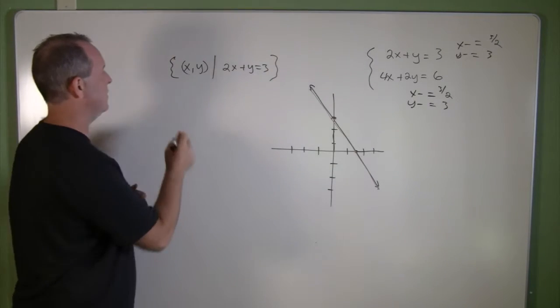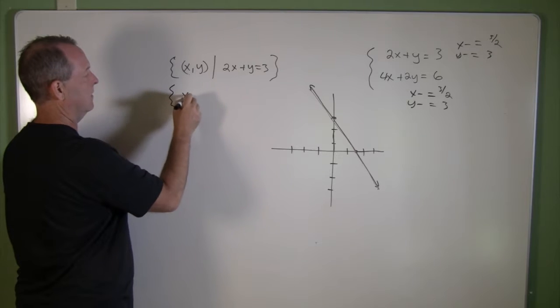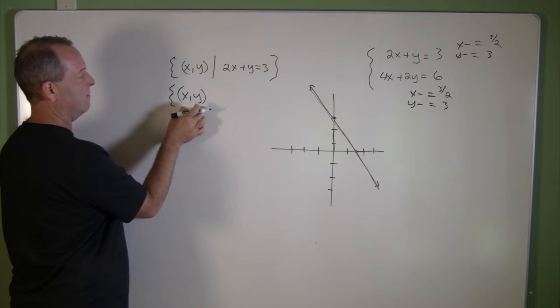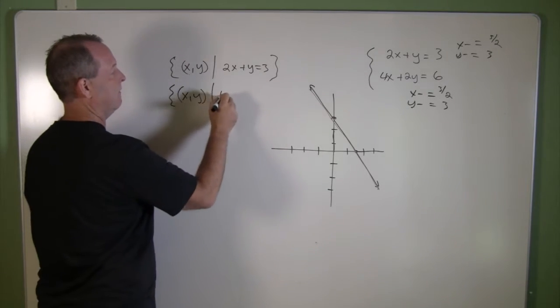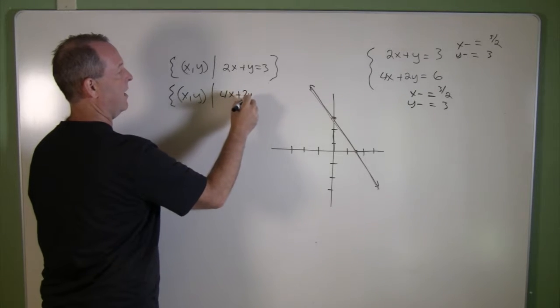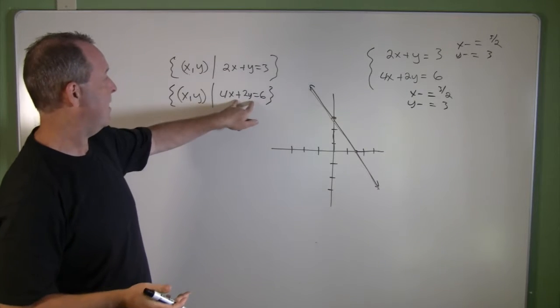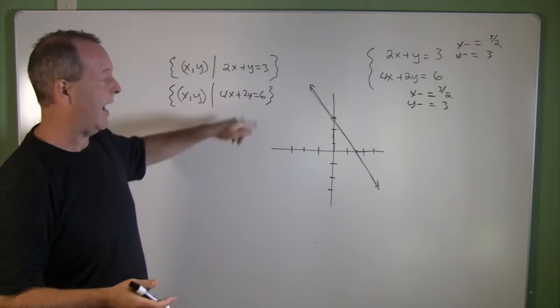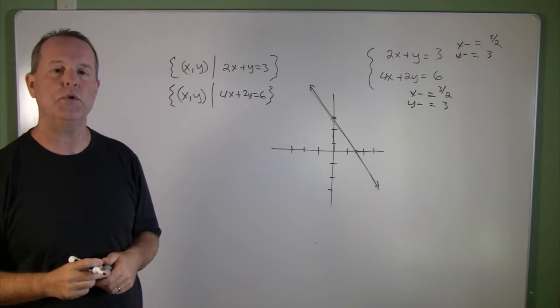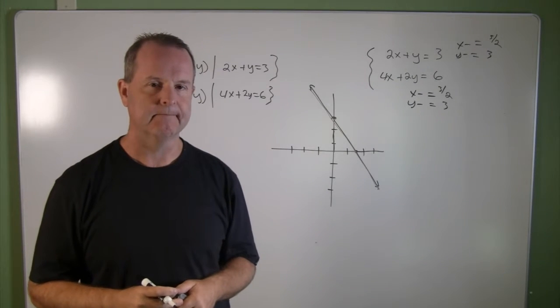I could also write the solution set similarly. Any coordinate point (x, y) such that 4x + 2y = 6. So if I can find any (x, y) that makes this true, I have a solution to this particular system.